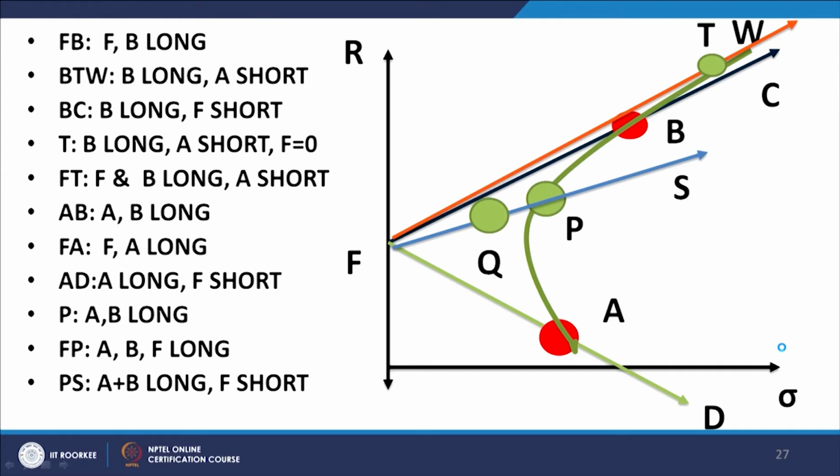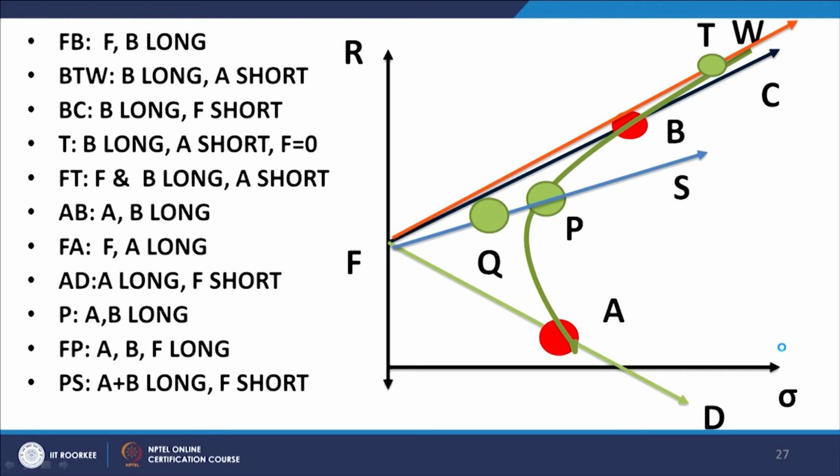This continues onwards to TW. Therefore, because T and W lie on this arc of the hyperbola, they will be combinations of A and B only. In fact, beyond B, if you go along BTW, then B continues to be long, but A starts becoming short.